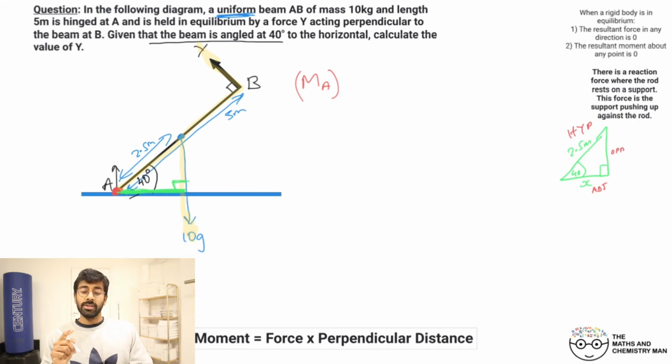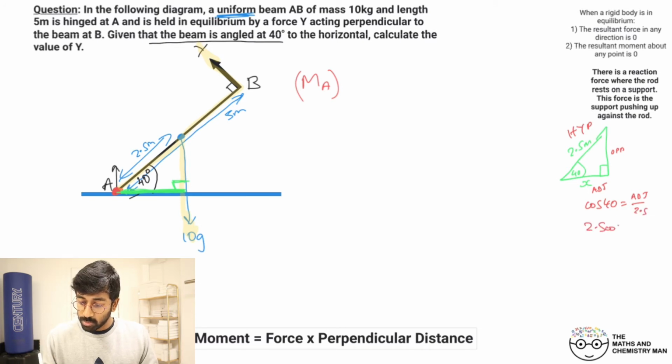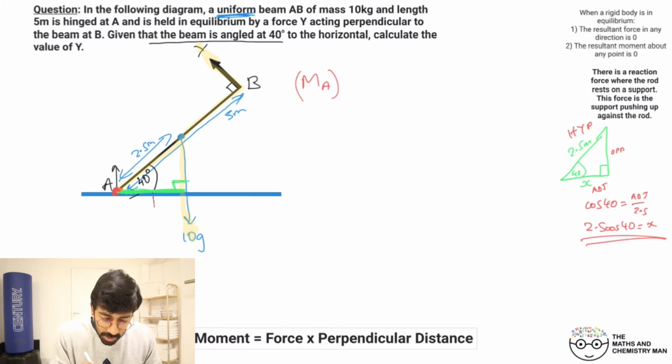So what are we looking for this time? We need to use the cos ratio. So cos 40 is equal to the adjacent over the hypotenuse. And therefore our hypotenuse is 2.5. So 2.5 times that across, and we've got 2.5 cos 40 equals the adjacent, which was x. So the distance down here is 2.5 cos 40 meters.